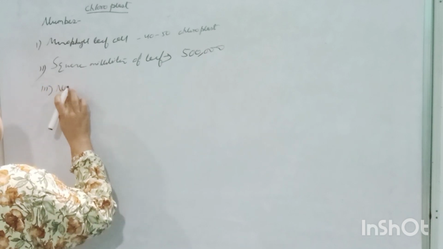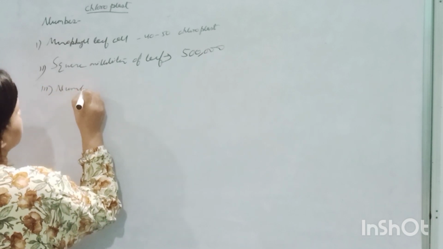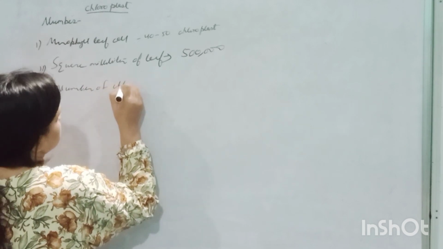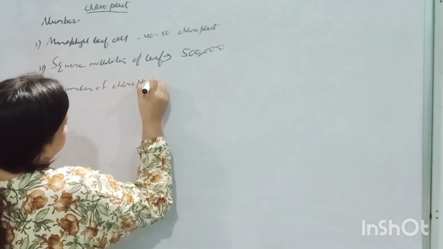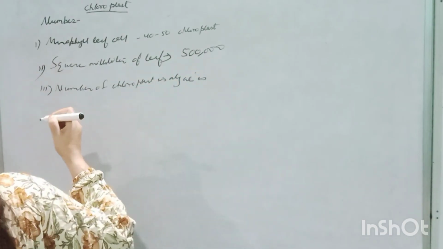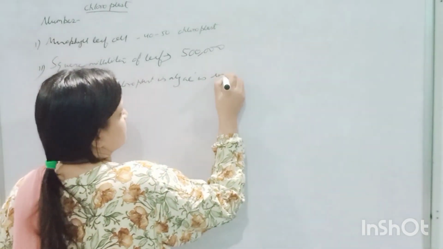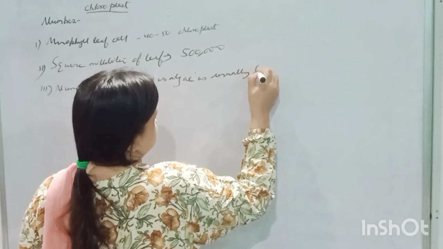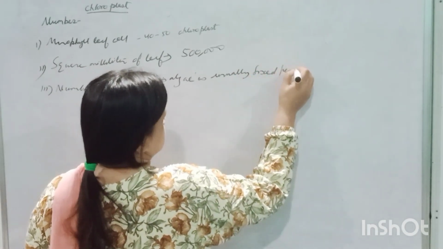The number of chloroplasts in algae is usually fixed per cell.